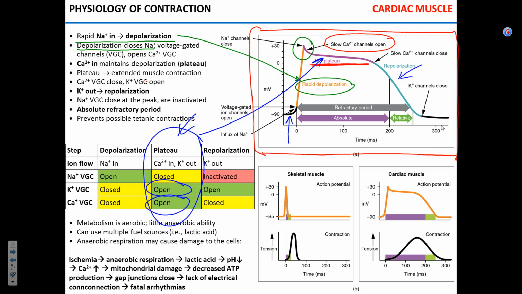Inside the cell. So while calcium flows in, potassium is flowing out. Does that make sense to you? So during the plateau, calcium flows in, potassium is flowing out.